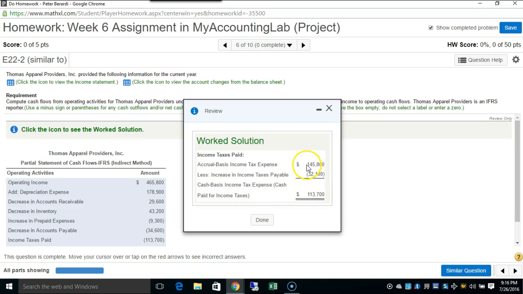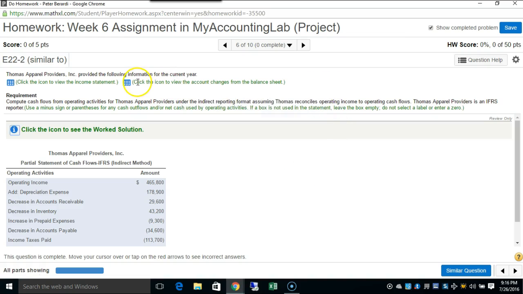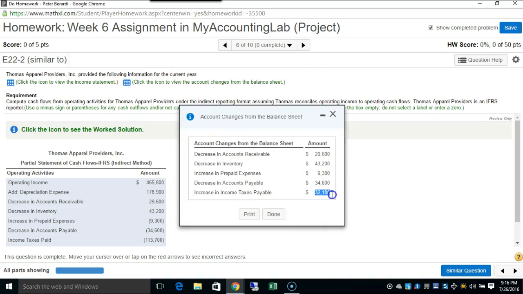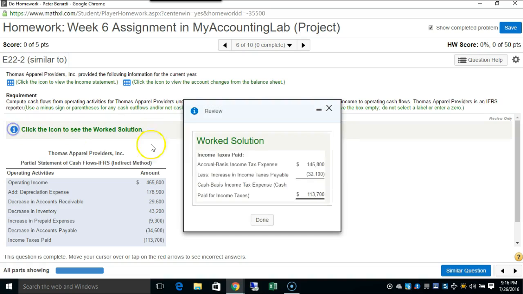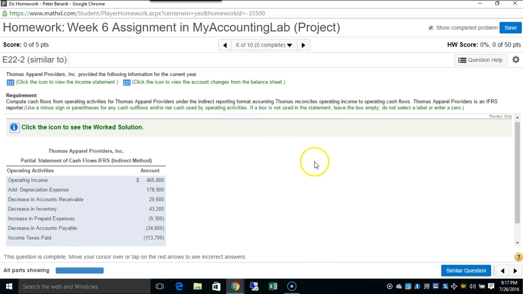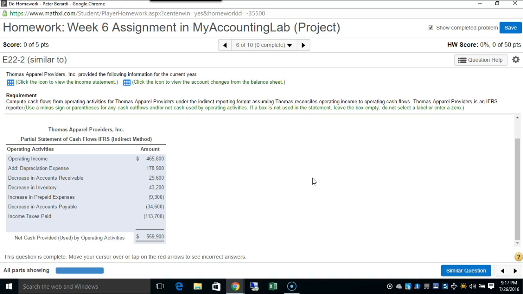Essentially, as you see, you take the $145,800 and subtract the income tax payable change from your balance sheet right here to get a net $113,700, which is reducing working capital for your operating section of your cash flow. Add them all up and you get a net cash provided by operating activities of $559,900.